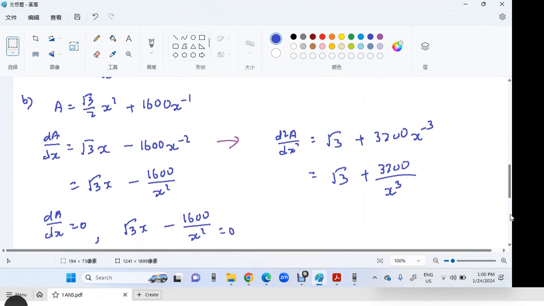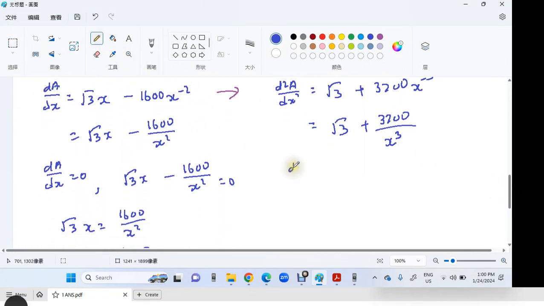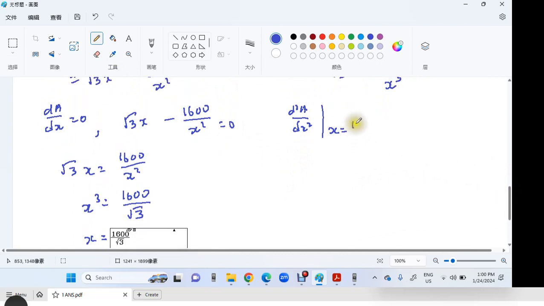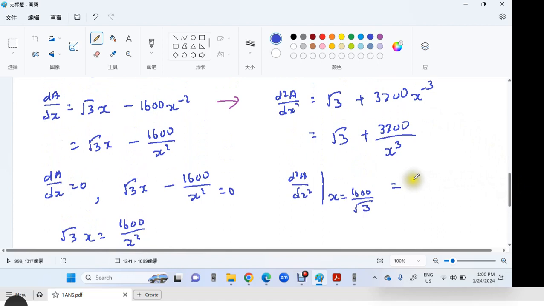Then the second derivative, when x equals the cube root of 1600 over square root 3, will be square root 3 plus 3200 over x cubed, which is 1600 over square root 3. It is a positive value greater than 0, so it is a minimum.